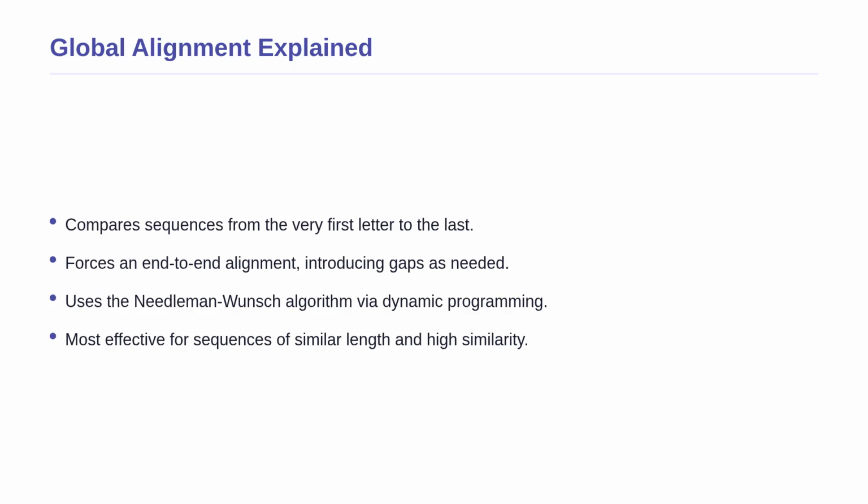It attempts to align every single letter of the first sequence with every single letter of the second sequence. The most famous method for this is the Needleman-Wunsch algorithm, which uses dynamic programming to find the optimal alignment. Because it forces an end-to-end match, it is most effective when the two sequences being compared are of roughly the same length and are highly similar overall.